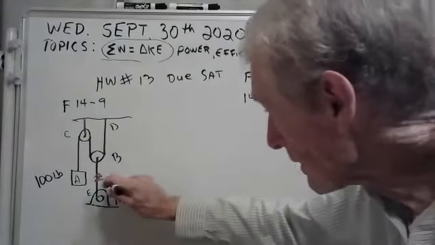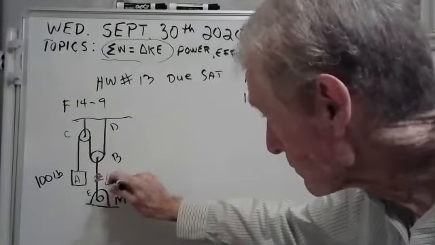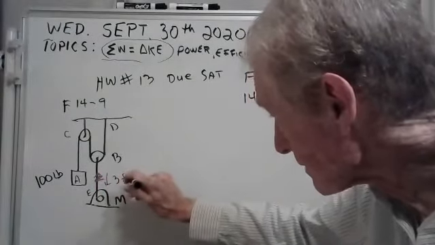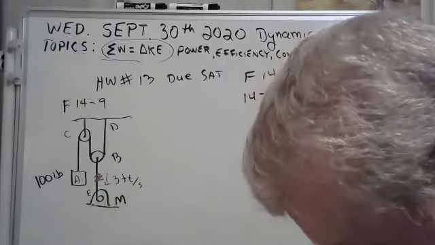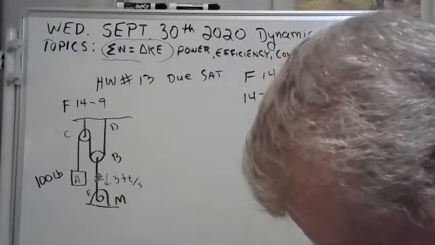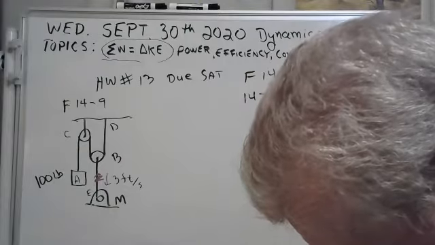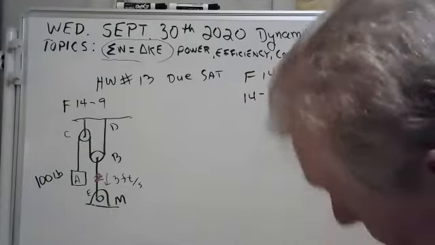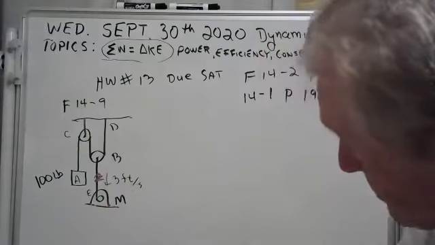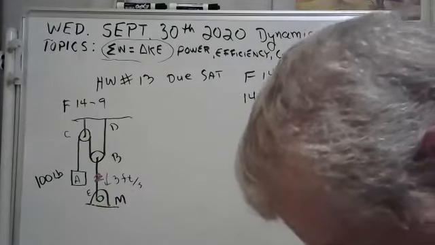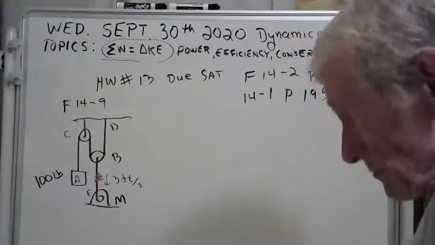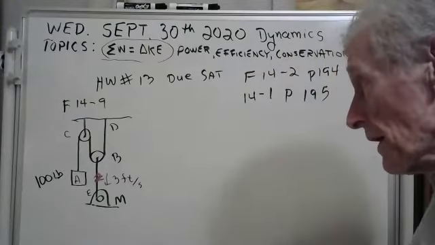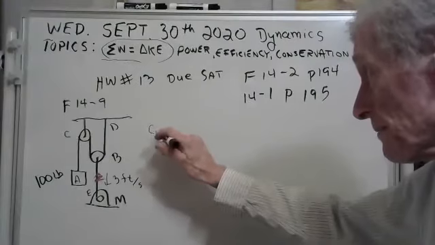And that splotch of paint is moving 3 feet per second into the motor. That's what they said. Constant speed, 3 feet per second. It's winding up, and the motor is pulling down on that. And the load weighs 100 pounds. And you have constant speed.